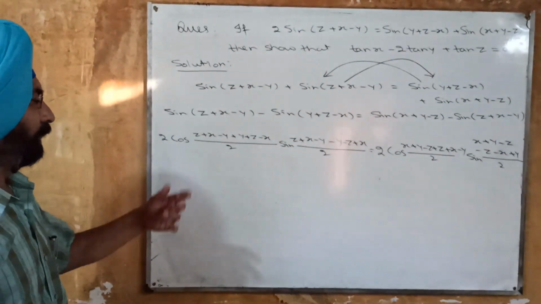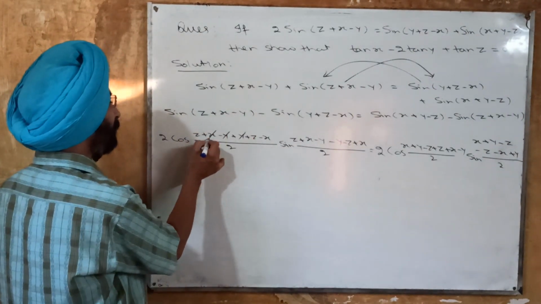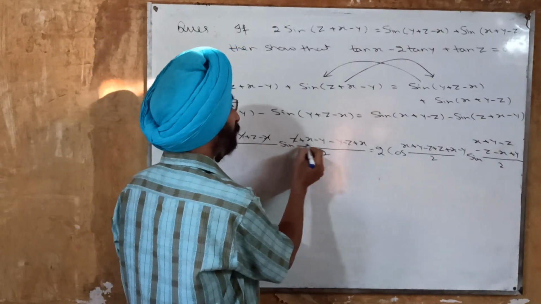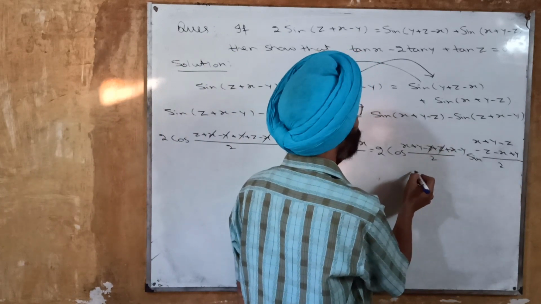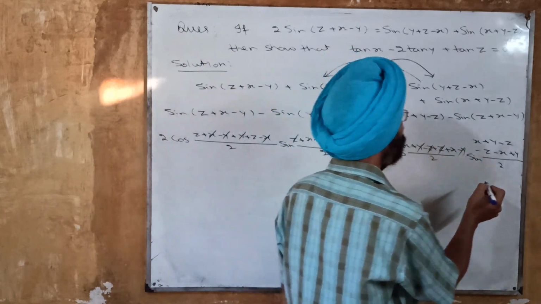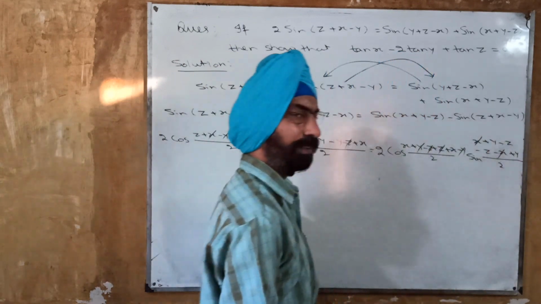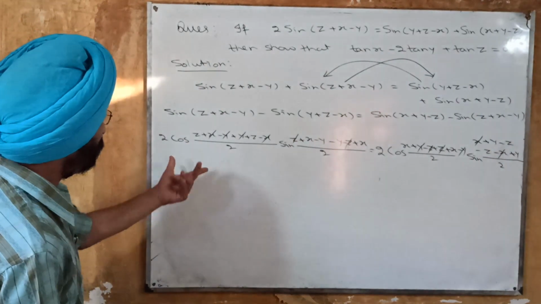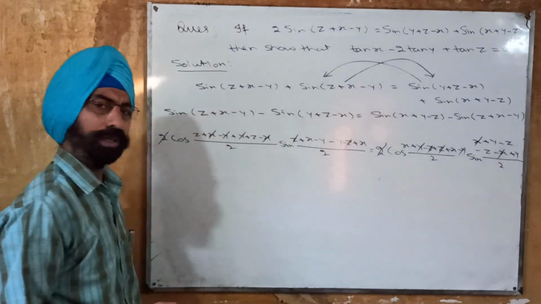So let us look carefully. Whatever is being cancelled, this minus y plus y is cancelled, this x minus x is cancelled, this z and minus z is cancelled, here minus z and z is cancelled, y and minus y is cancelled, here x and minus x is cancelled. So look at the quantity. What we are left with, it is the 2 is also cancelled. This 2 on both sides is also cancelled.